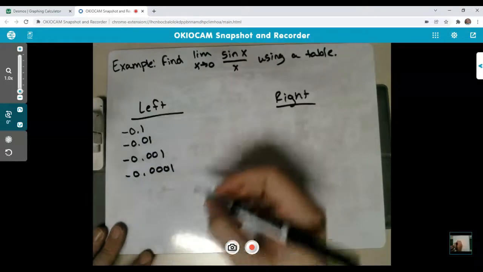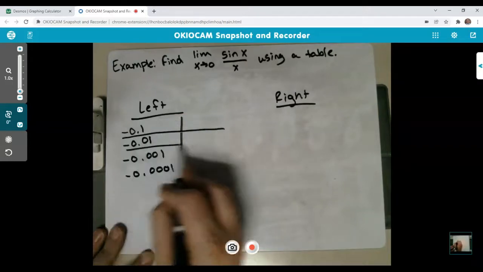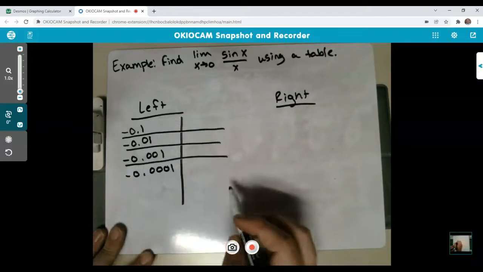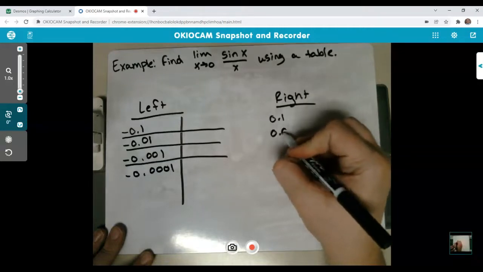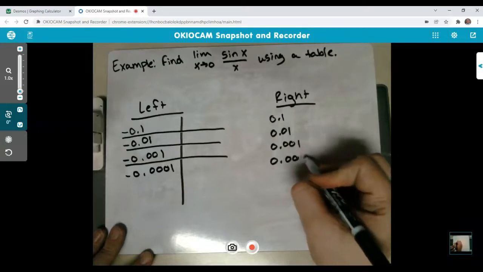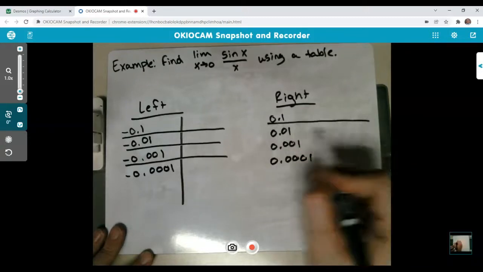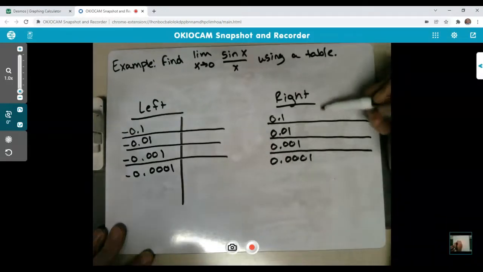On and on, and I'm going to see what the value is of y for each of those. On the right side, I can do the same thing, but I can use 0.1, 0.01, 0.001, 0.0001. All of those are really close to 0. So I'm going to use those.